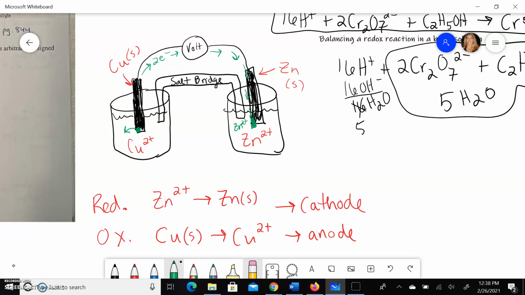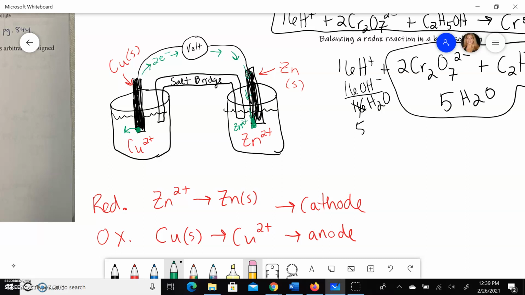The zinc electrode is actually getting bigger because the zinc 2+ ions that are in the solution are gaining the electrons, which turns them into the solid, and they will stick onto the solid electrode. So both of these are happening at the same time, but we've got electrons flowing as they go from the copper over to the zinc side. And so, like I said, you can measure that flow.